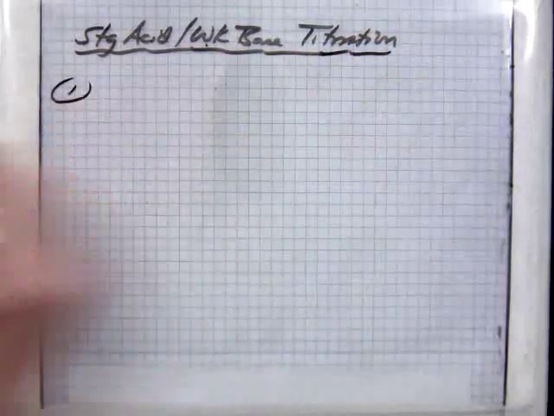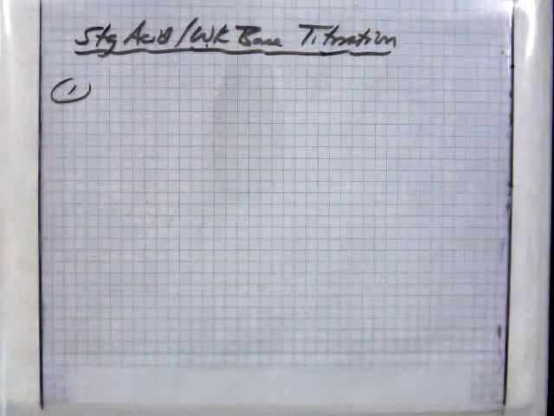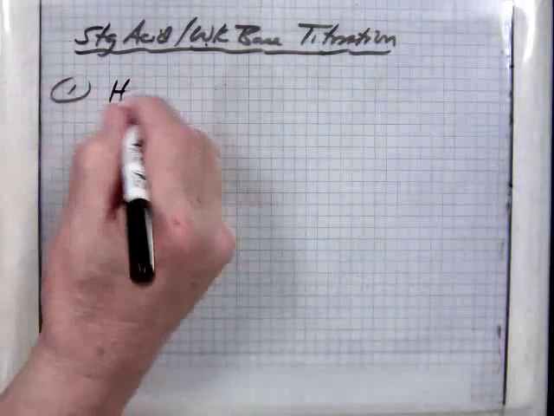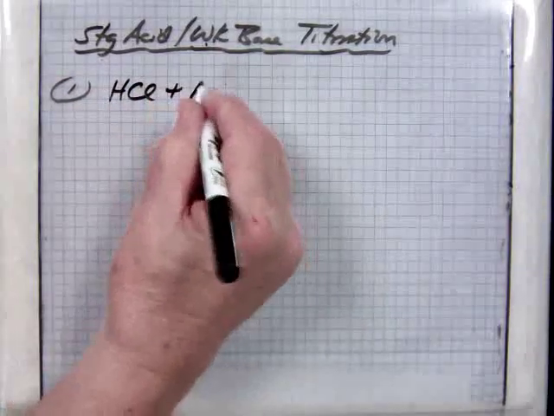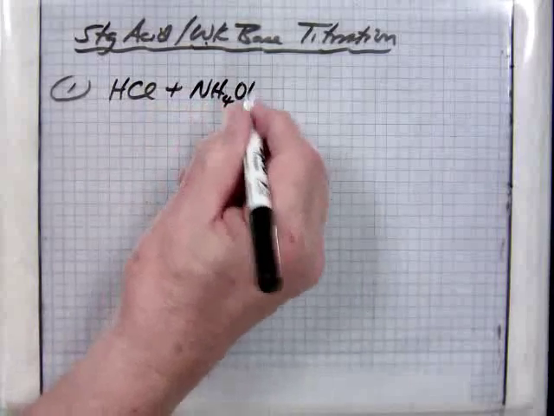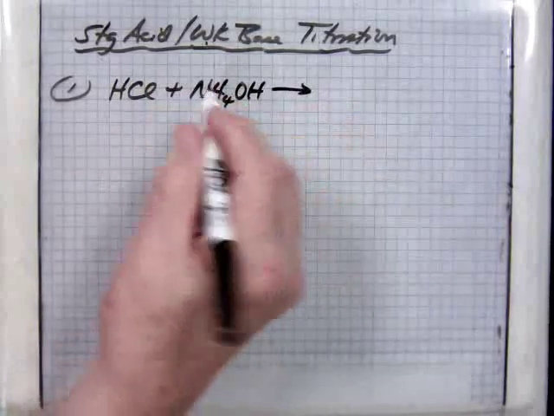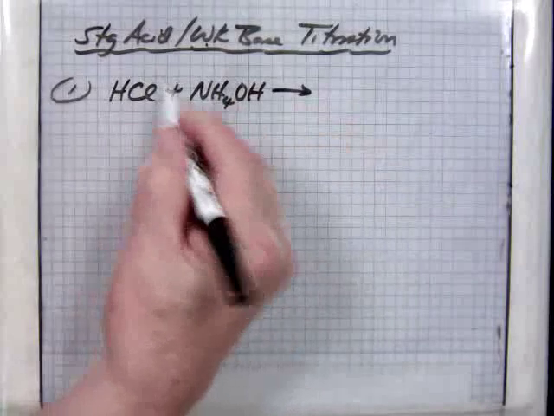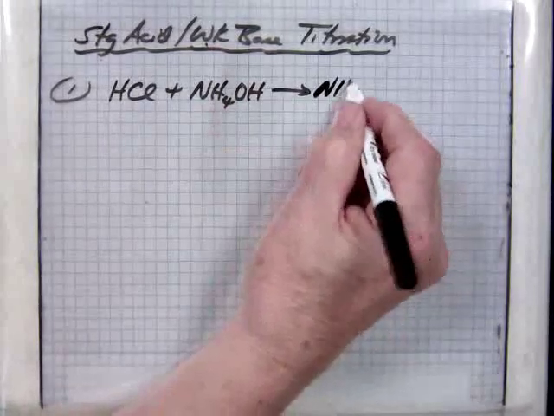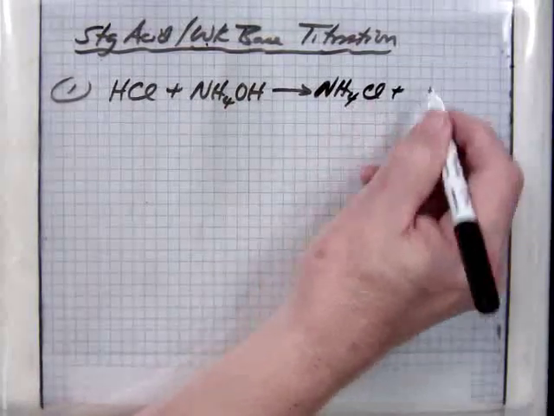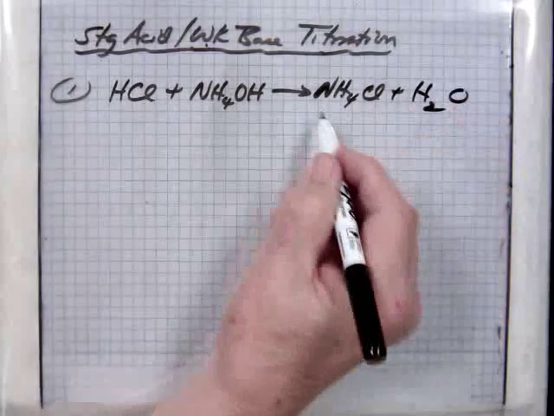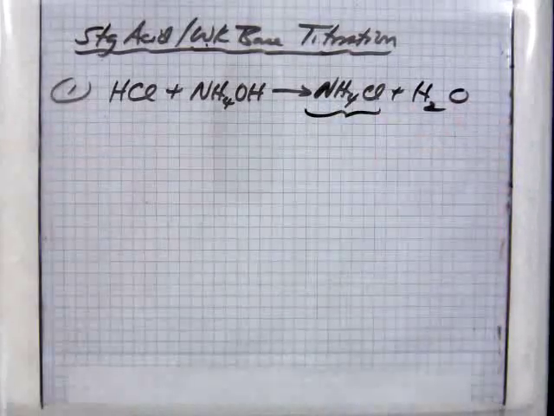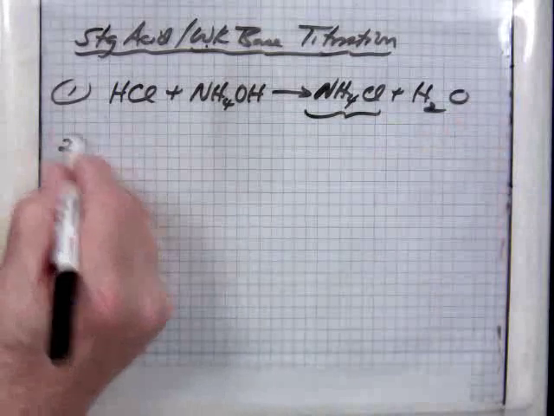So the first reaction again is the acid-base reaction. So we'll take HCl plus ammonium hydroxide to produce the salt. So the ammonium and chloride hook up plus the water. Now we want to test the salt, so we need to ionize it first.